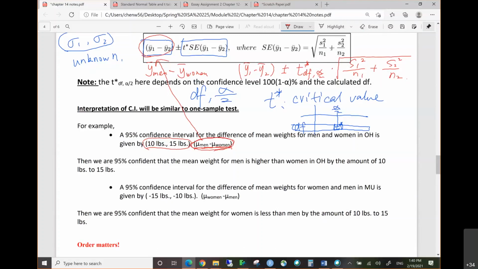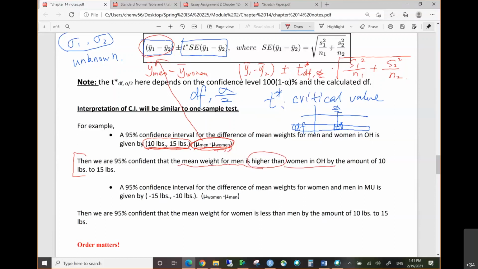So our interpretation will be we are 95% confident that, since it is a positive confidence interval, this difference is positive. That means men is larger than women by 10 to 15. So the complete interpretation is we are 95% confident that the mean weight for men is higher than women.